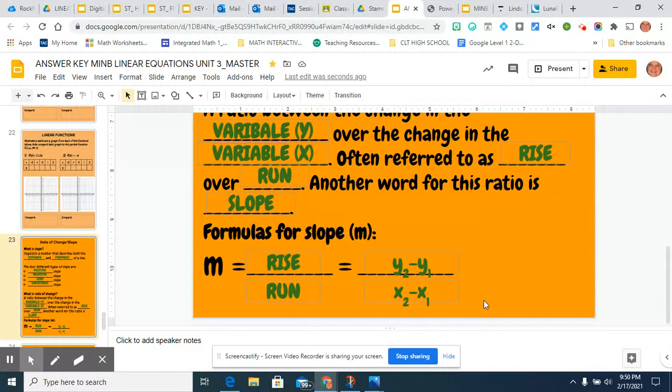We're going to find out later, it really doesn't matter which coordinate point we designate as point 1 or point 2. But what's going to be important is that the y from the point and the x from the point line up above and below each other so that we don't cross points. This would be one coordinate point here, and this would be a second coordinate point here.